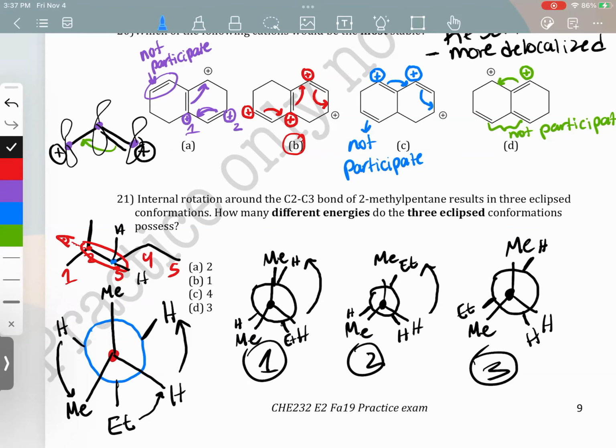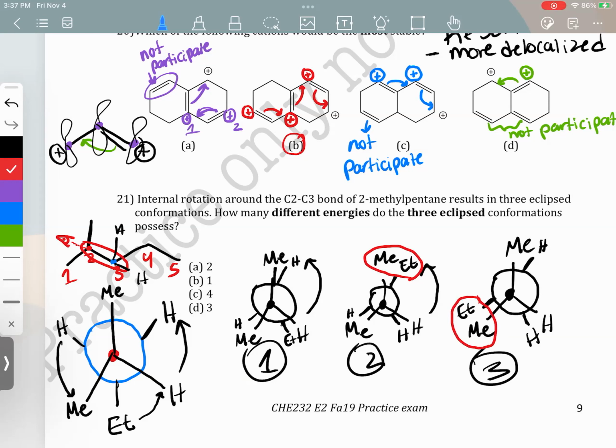Now we're going to relate their energies. How many of these eclipsed conformations have different energies? 1 and 2, then 2 and 3 are the same. Exactly. 2 and 3 are exactly the same because the ethyl ends up close to the methyl in both positions. It's just that this one is close to the one up here, and this one is close to the one down here.